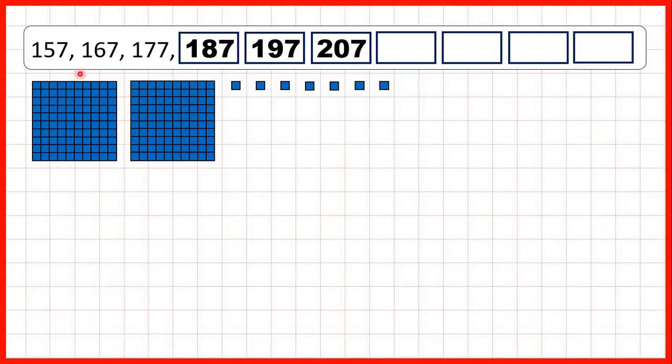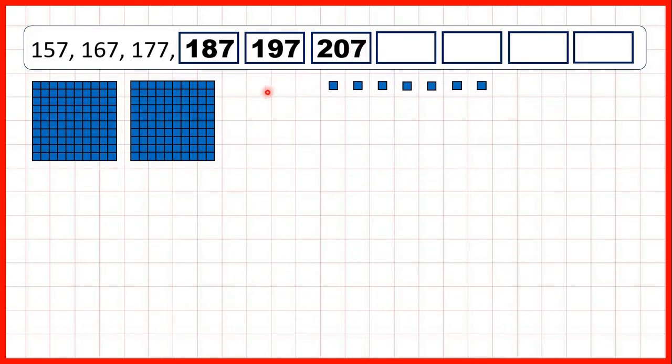But if we ignore our ones digit, we can see that we have 15, 16, 17, 18, 19, 20. So counting on in tens from a 3-digit number is just like counting on in ones, but then with our ones digit staying the same.